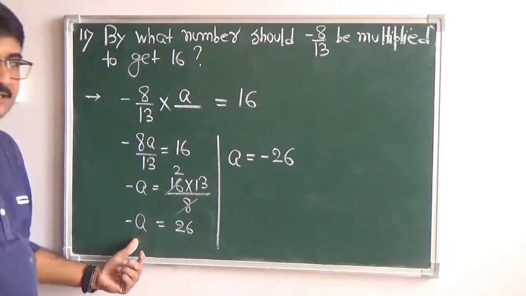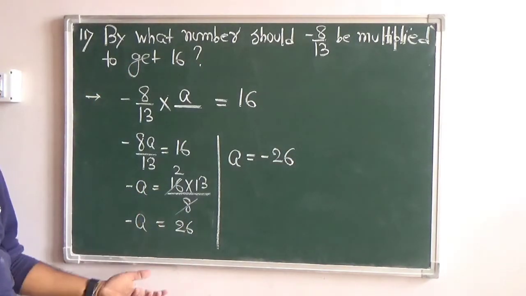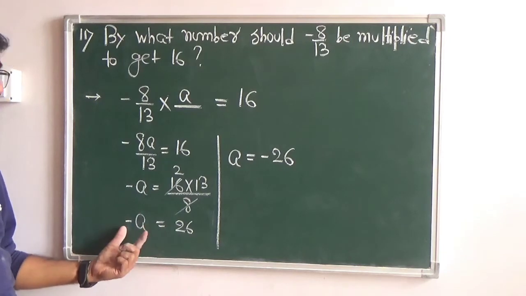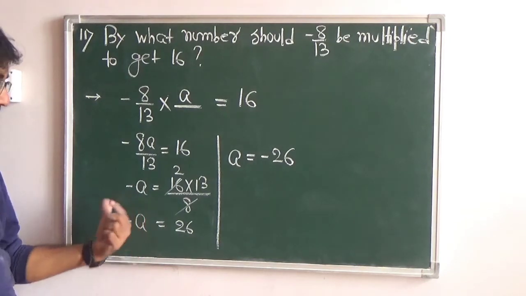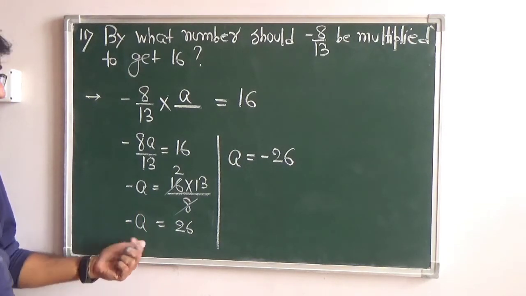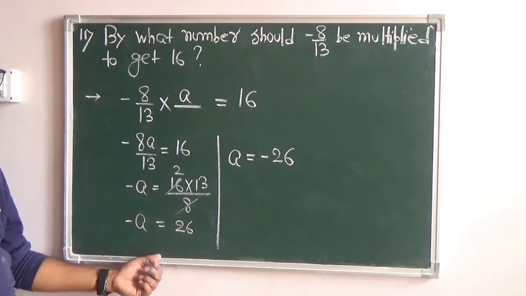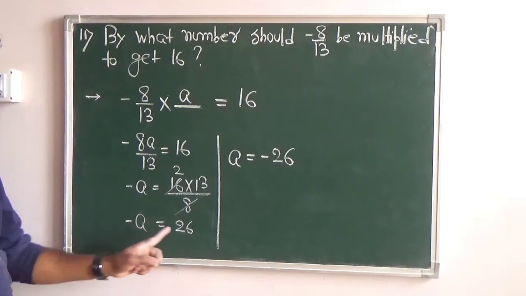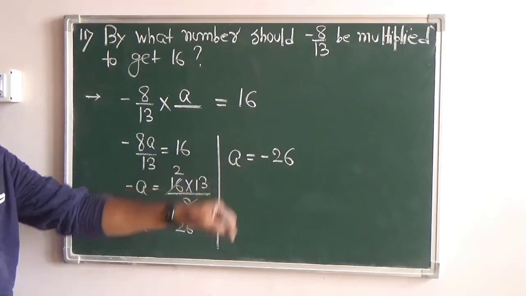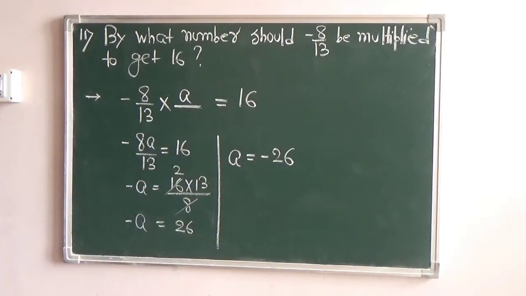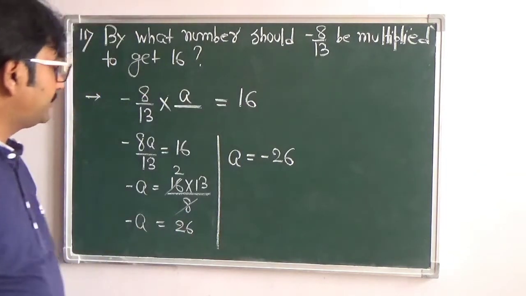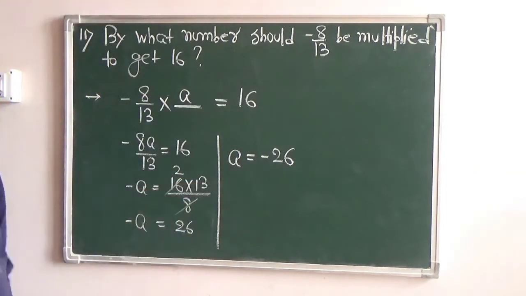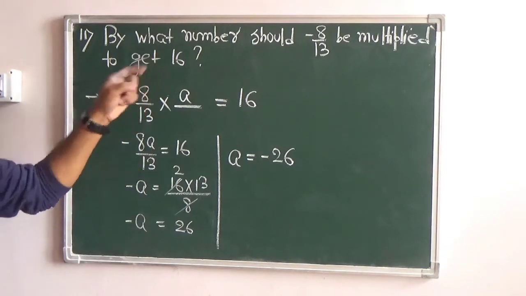After getting minus A equals 26, we multiply both sides by minus 1, because we want the value of the variable to be positive. So minus into minus 1 is plus, and plus into minus is minus, so A is minus 26. So here the number minus 8 by 13 has to be multiplied with minus 26 so that the final result becomes 16.